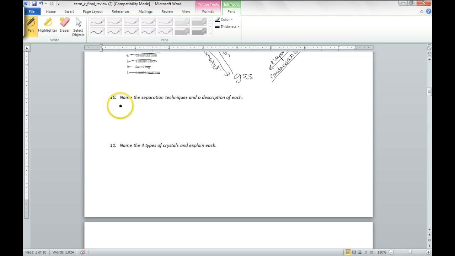First of all, we have evaporation, which you can use to separate a liquid from a solid, or 2 liquids as well. We can do filtration, and this will separate a solid from a liquid.